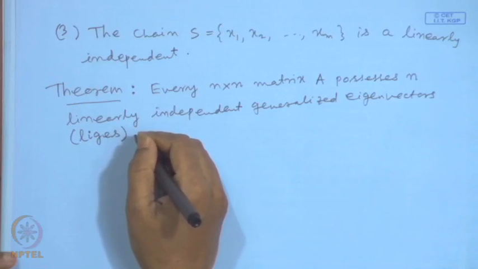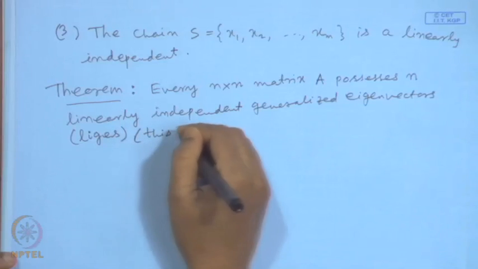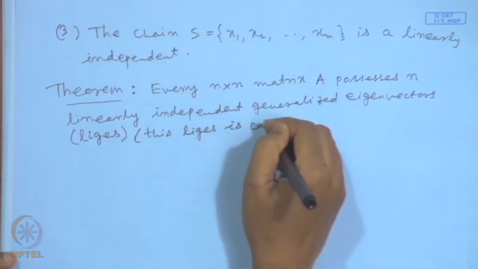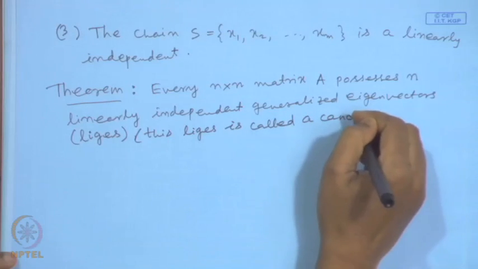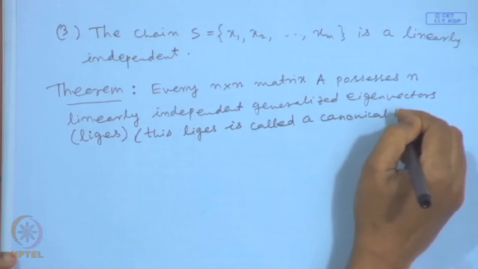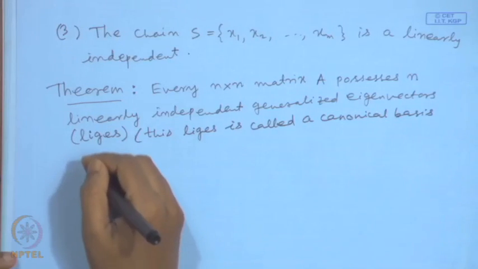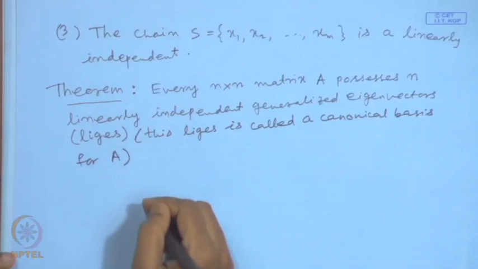These LIGEs are called a canonical basis for this matrix A.